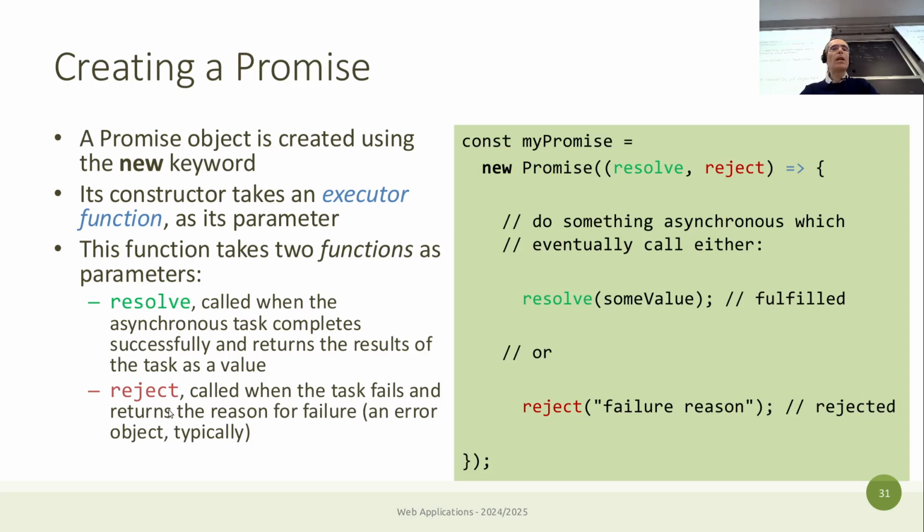And reject if there is a problem. If the task fails, typically you pass some information to determine which error has happened, like a string or maybe an object containing strings and other information useful to debug or to print the error. So that's basically the code.